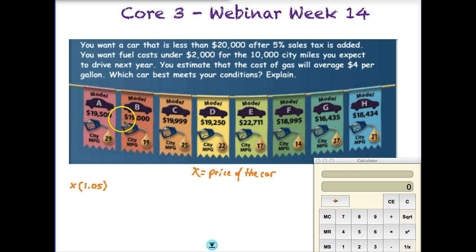So if I took 19,500, for example, so let's do that, 19,500, and I multiplied that by 1.05, which is 105% written as a decimal, and I hit enter, I get 20,475. Okay, so what that did is it took the 19,500 and I added to that a 5% tax on this, 19,500 times 5%. And I can simplify that by just typing in 1.05.